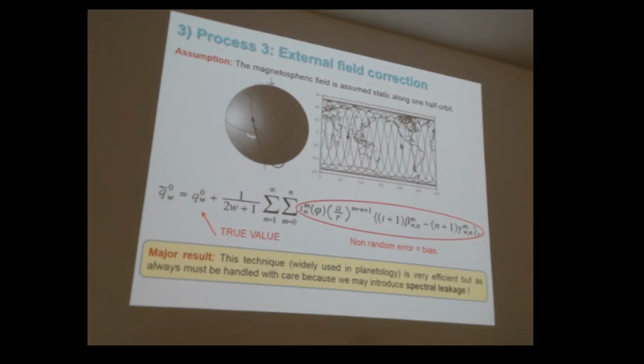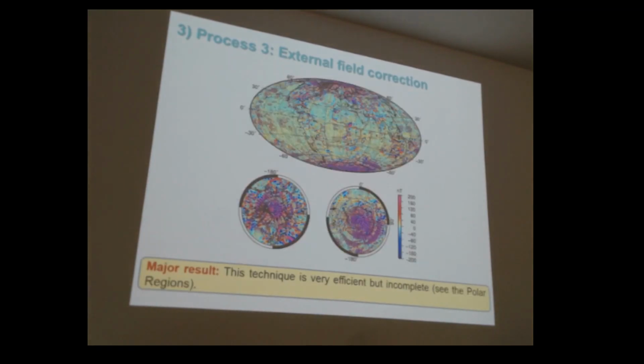But they are intrinsically flawed by this spectral leakage because harmonics are defined over a sphere. So even with this hypothesis, even if the magnetosphere was purely dipolar external and simply varying with time, you are making an error because you are inducing some spectral leakage.